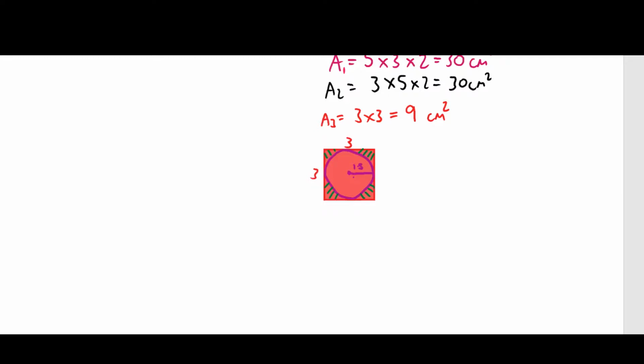So what I'm going to do is calculate the area of the whole square. We figured that out before. It's 9 square centimeters. The area of the circle is just pi times r squared.